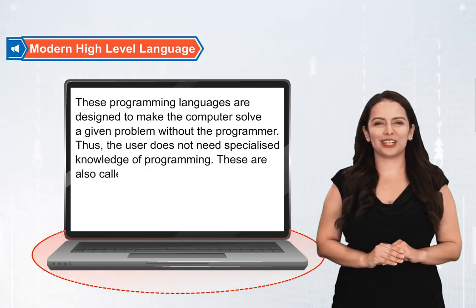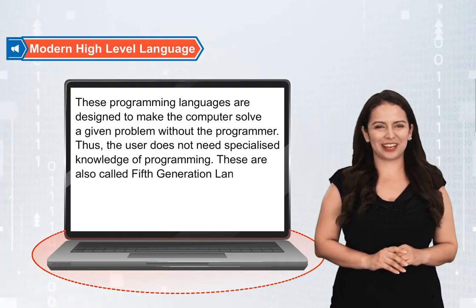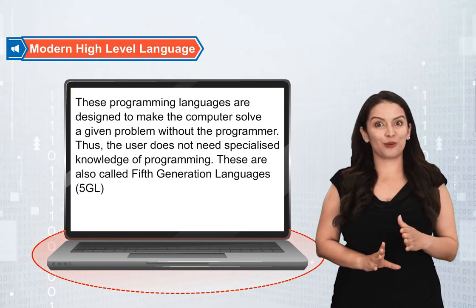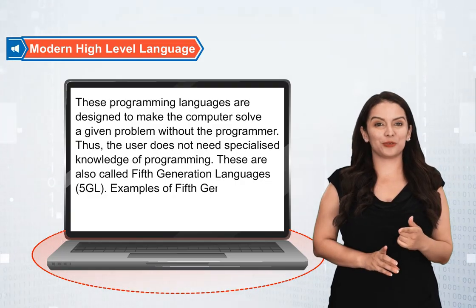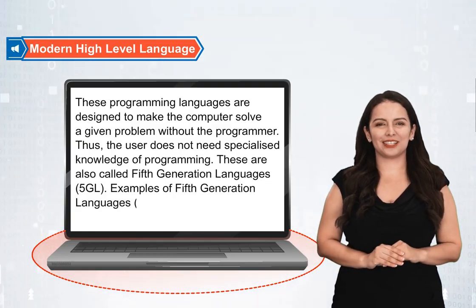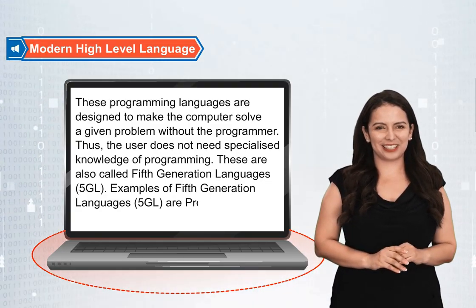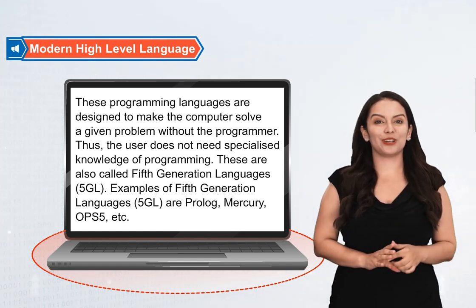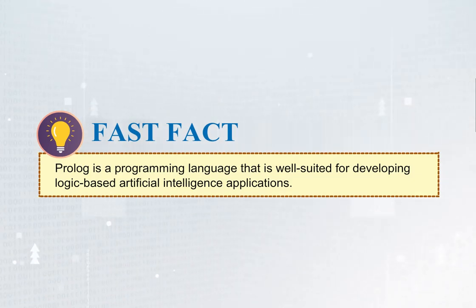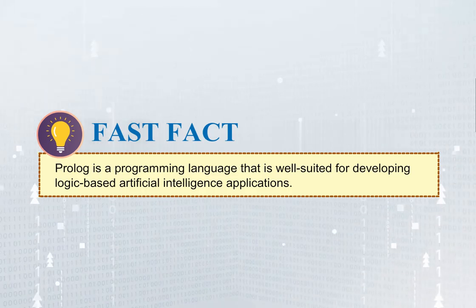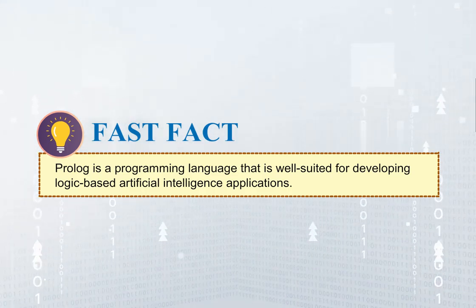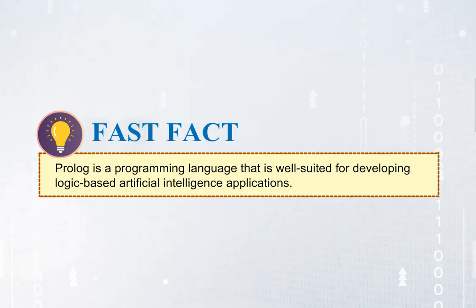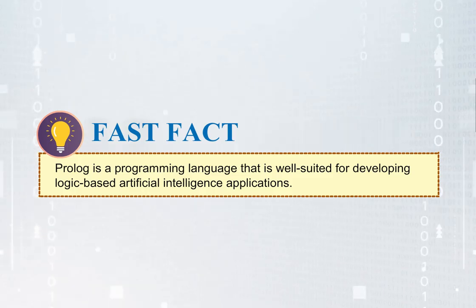These are also called fifth generation languages, 5GL. Examples of fifth generation languages are Prolog, Mercury, OPS5, etc. Fast fact: Prolog is a programming language that is well suited for developing logic-based artificial intelligence applications.